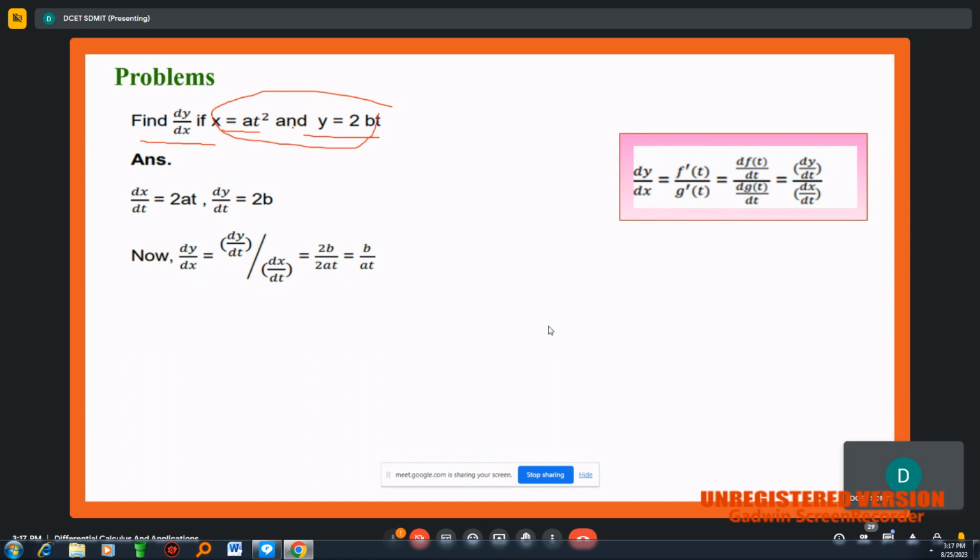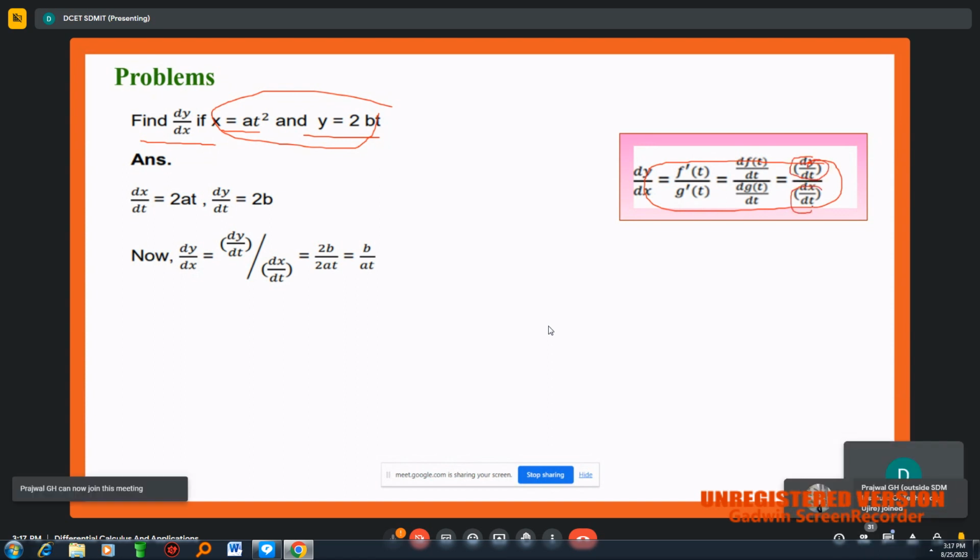If the function is like this, then we have to use the parametric derivative. That means dy by dx is equal to dy by dt divided by dx by dt. Now, we have to find dy by dt and dx by dt.